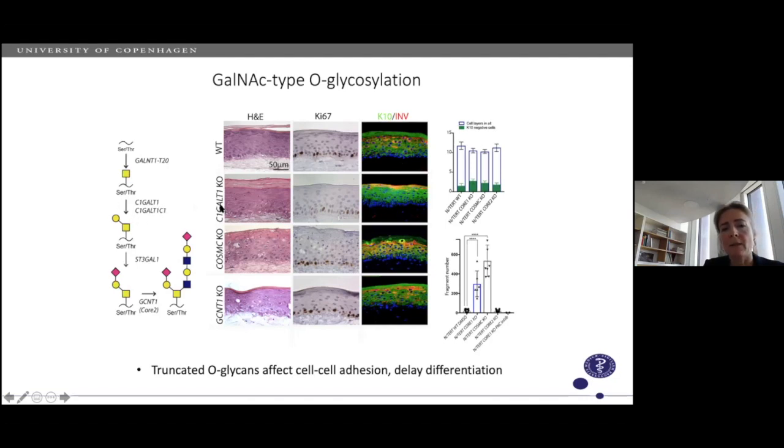become invasive in mice. In these normal, not mutated epidermal keratinocytes, we see only loss of cell-cell adhesion, so the cells will dissociate very fast, and we see a delayed differentiation.